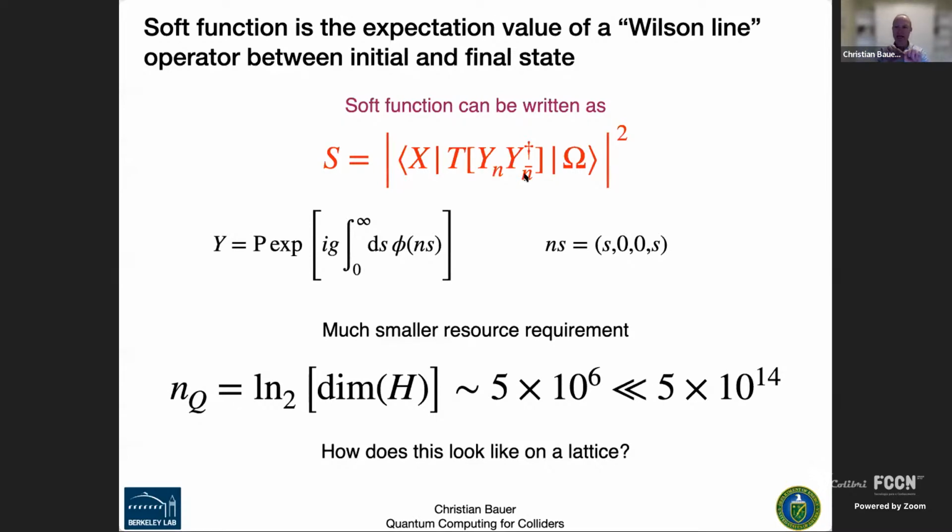What a Wilson line is, it is essentially, I write it here, a path-ordered exponential of a field along some line n, which is some world line, some fixed line. And in this case, for the problem that we have at hand here, this is a line that is a light-like line.